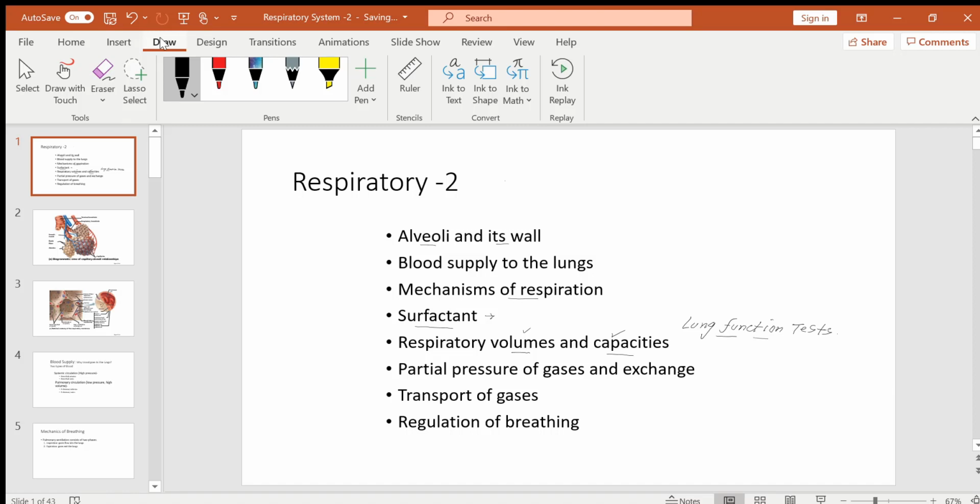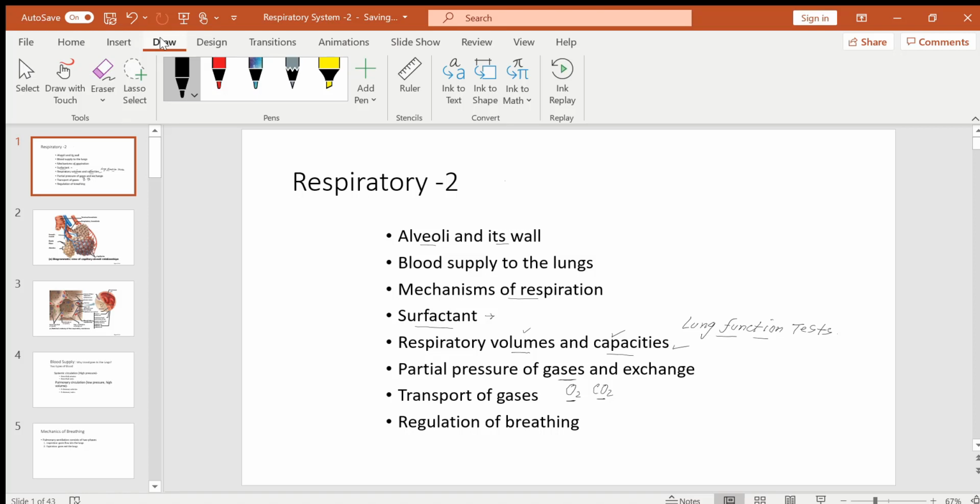So how much your lungs can expand and recoil or contract, that we see by these volumes and capacities. Then we'll talk about the partial pressure of gases, the partial pressure of the oxygen and the partial pressure of the carbon dioxide. So these are the two gases that are exchanged and transported.